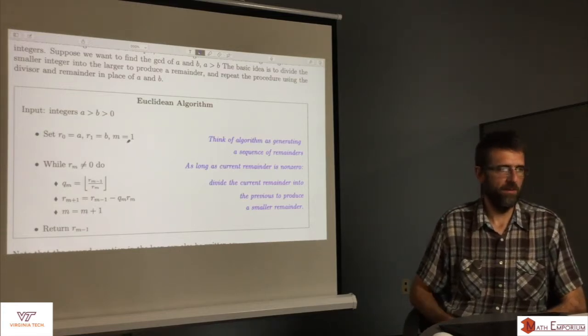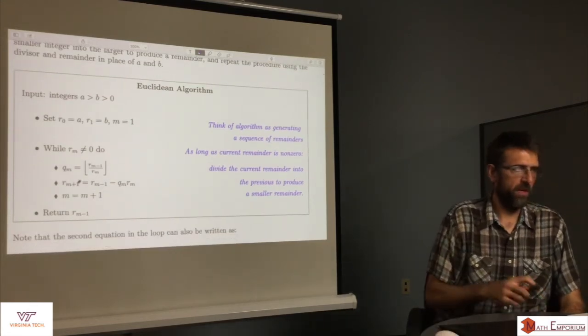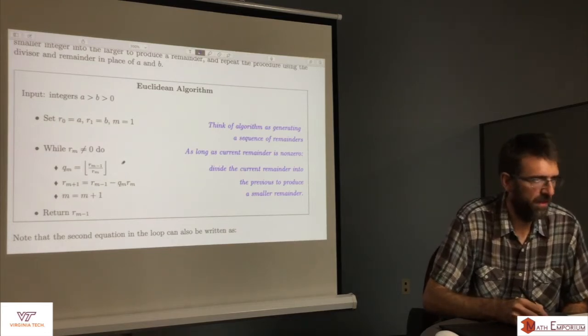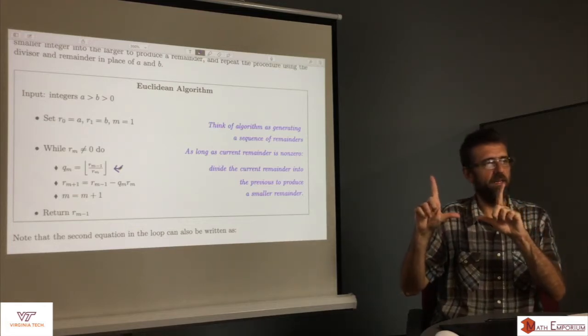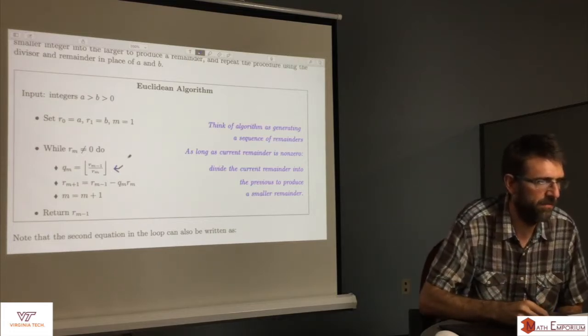So that's exactly what I'm going to do. q will be the integer quotient when I do so. These L brackets here are indicating round down, so round down to the nearest integer.